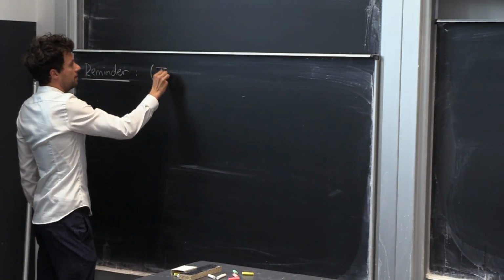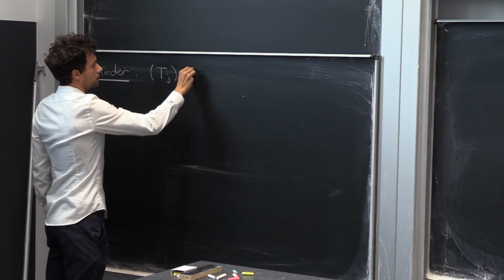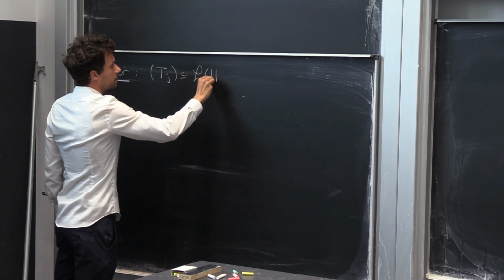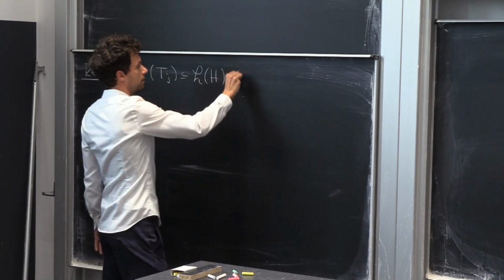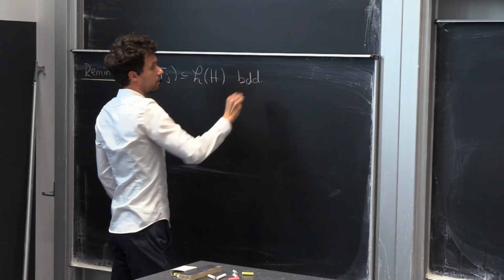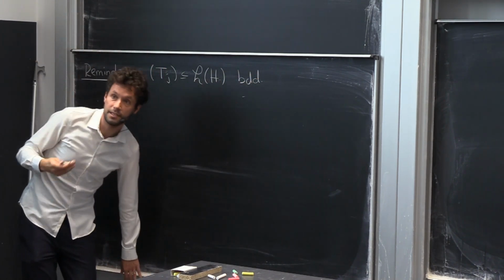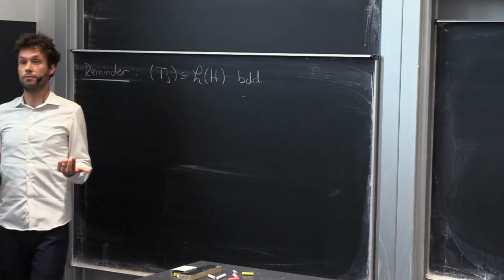Suppose that Tj is a bounded sequence of bounded operators. Okay. In other words, this family Tj of bounded linear operators is uniformly bounded.